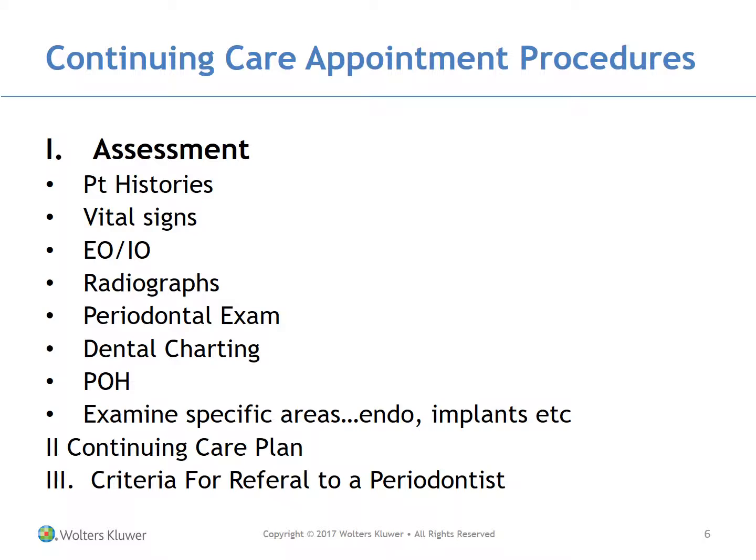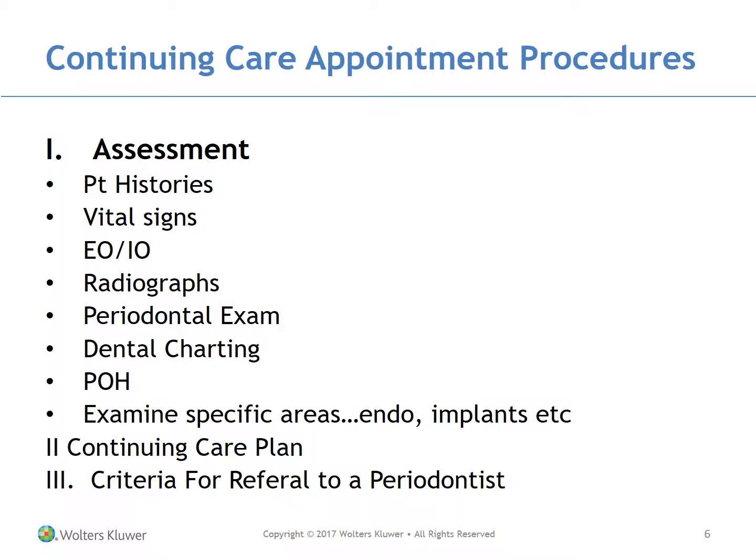Now, remember, we start with assessment, right? So what are we assessing? We want to assess the patient's medical history, right? And we're doing this every 3 or 4 months, but usually every 3 months with perio maintenance. So we want to review the medical history.